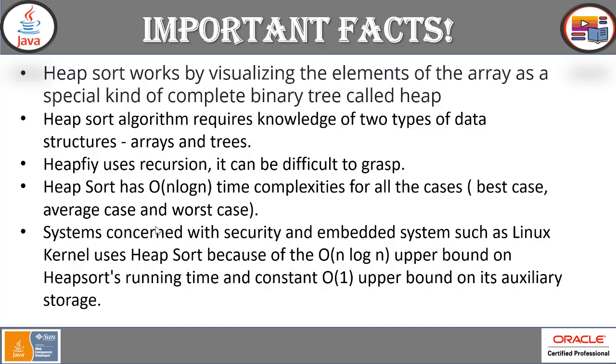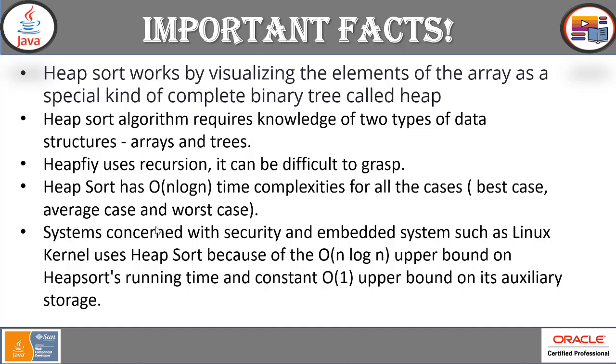But if you see the logic behind this algorithm, we are actually doing the iteration, which is calling itself, because it's comparing and swapping until the element is in the right position. Heap sort has O(n log n) time complexity for all cases, whether best case, average case or worst case.